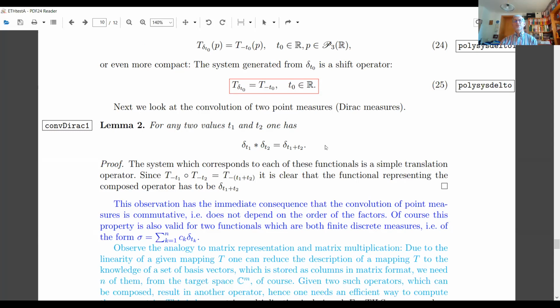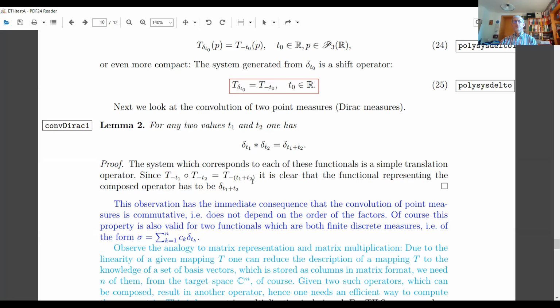So for Dirac measures, convolution is a commutative thing, and the answer is very simple. Once you have the red box above number 25, you know that convolution with delta is just a translation operator. So clearly the composition of two shifts by minus t1 and minus t2, independent of the order, is giving you a shift by minus t1 plus t2.